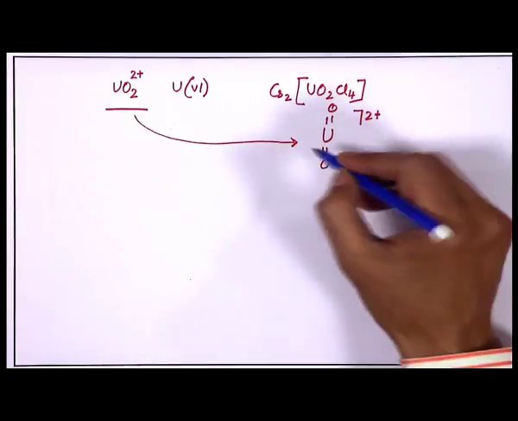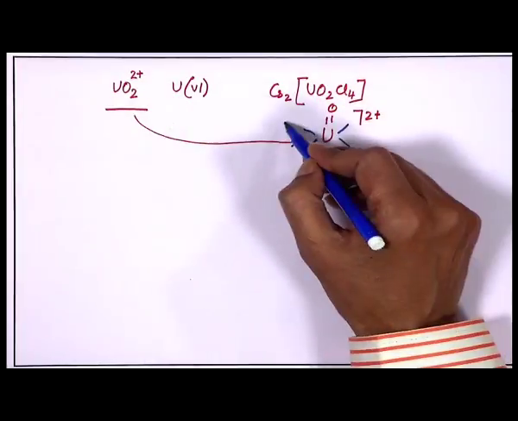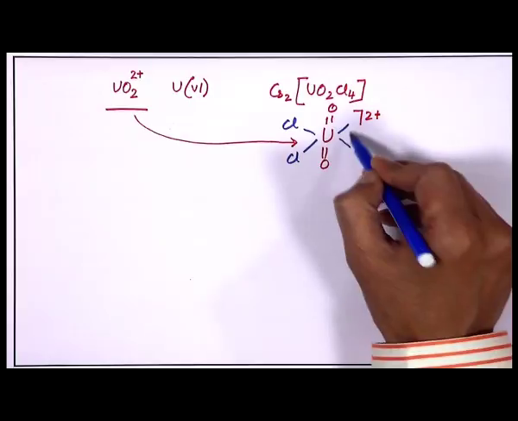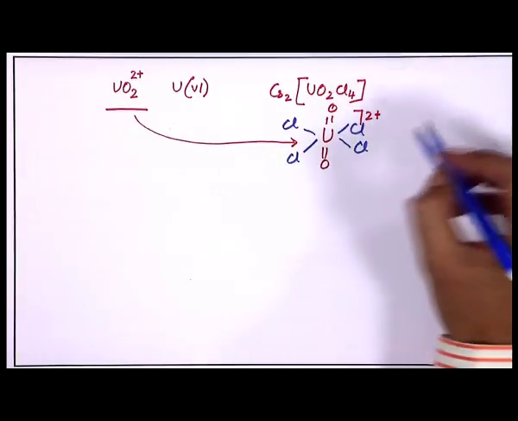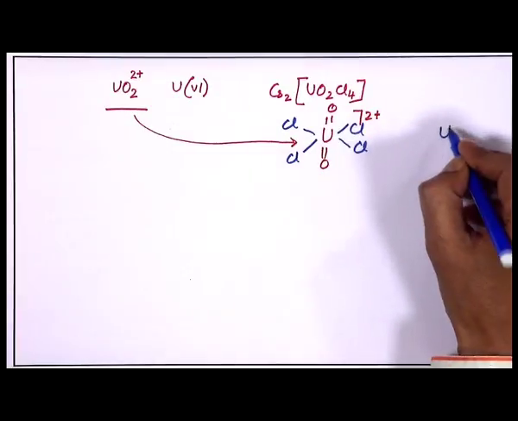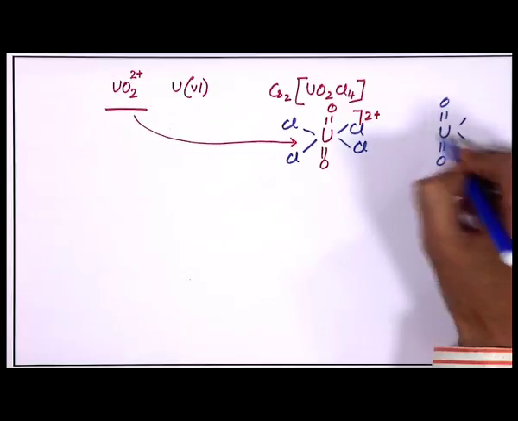So, they can take part in bonding. You can have the chlorides here, this chloride here, this chloride here. Similarly, these two can be replaced by some other ligands, which we will find when we study coordination compounds.